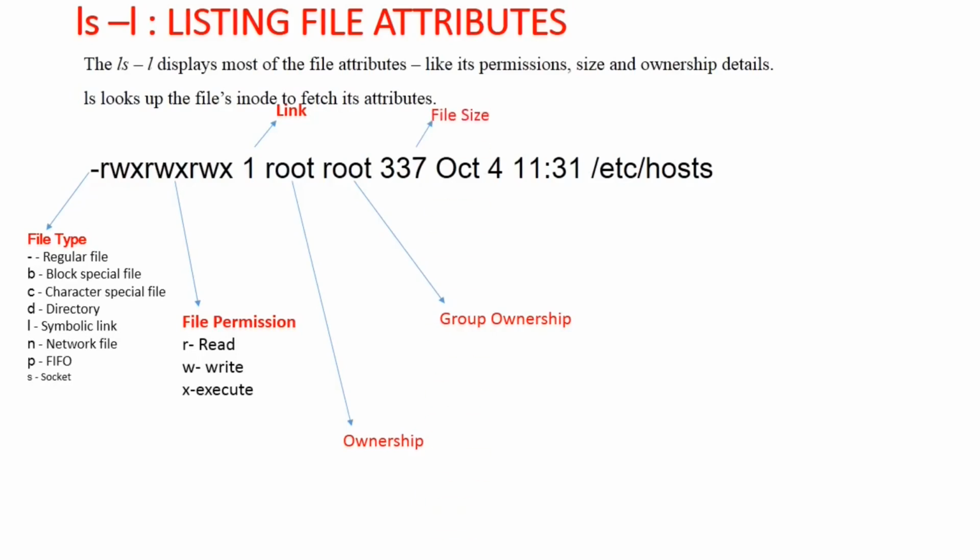The next attribute is the file size in bytes. The sixth attribute is the last modification time. And the next attribute is the file name or directory name. So in a Unix file system there are a total of 7 file attributes for any file or directory.